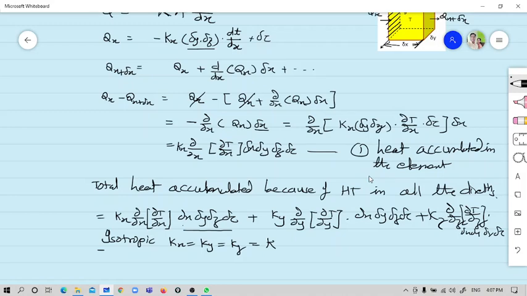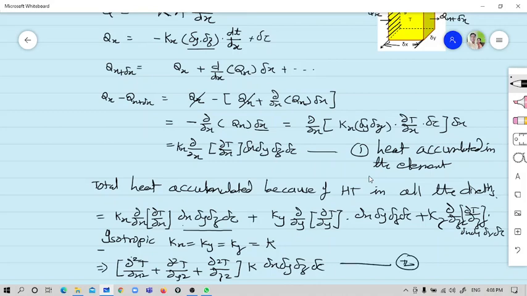So I can take all these terms as common, and I get ∂²t/∂x² plus ∂²t/∂y² plus ∂²t/∂z², which will be equal to conductivity k into delta x delta y delta z into delta tau. Okay, let us call this equation 2.